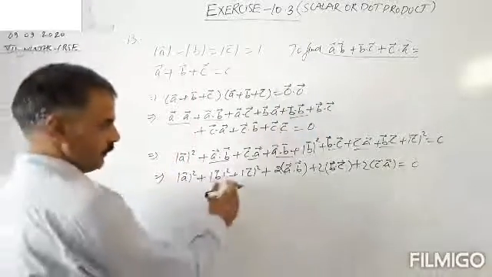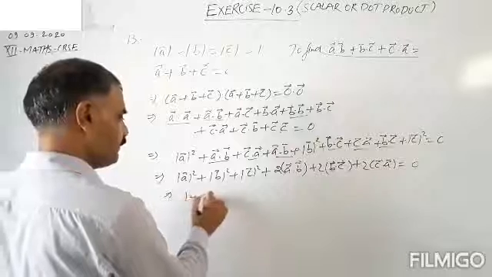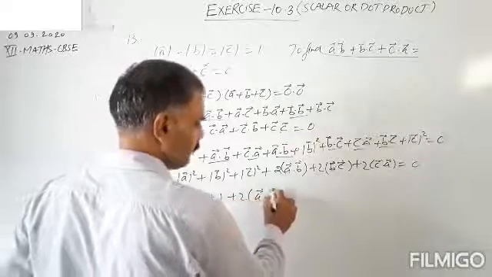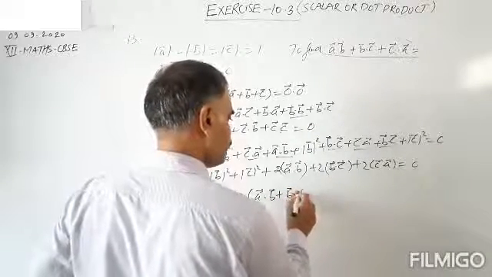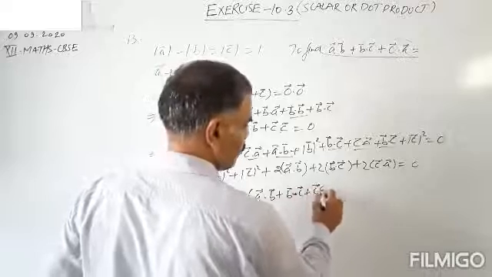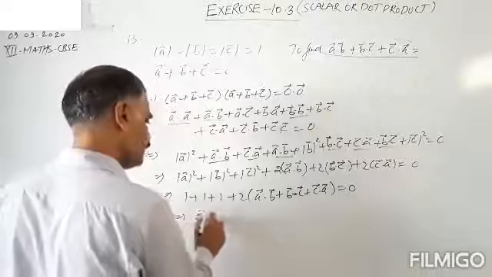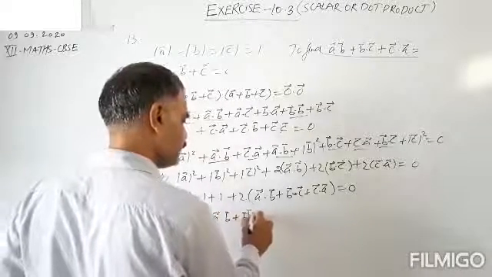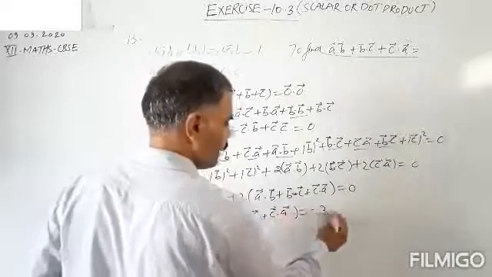Okay, now let us transfer this term there. So 1 plus 1 plus 1 plus 2 into (A vector dot B vector plus B vector dot C vector plus C vector dot A vector) is equal to 0. So 2 multiplying (A vector dot B vector plus B vector dot C vector plus C vector dot A vector) is equal to minus 3.